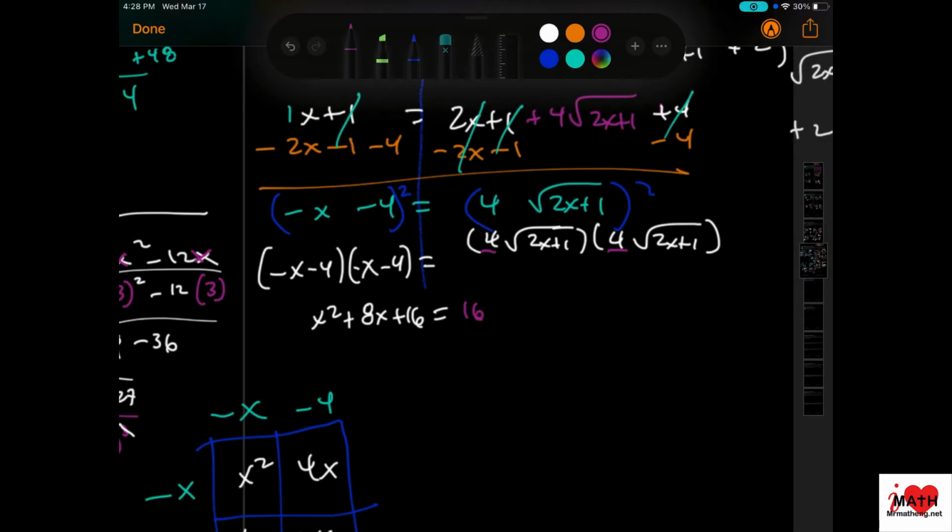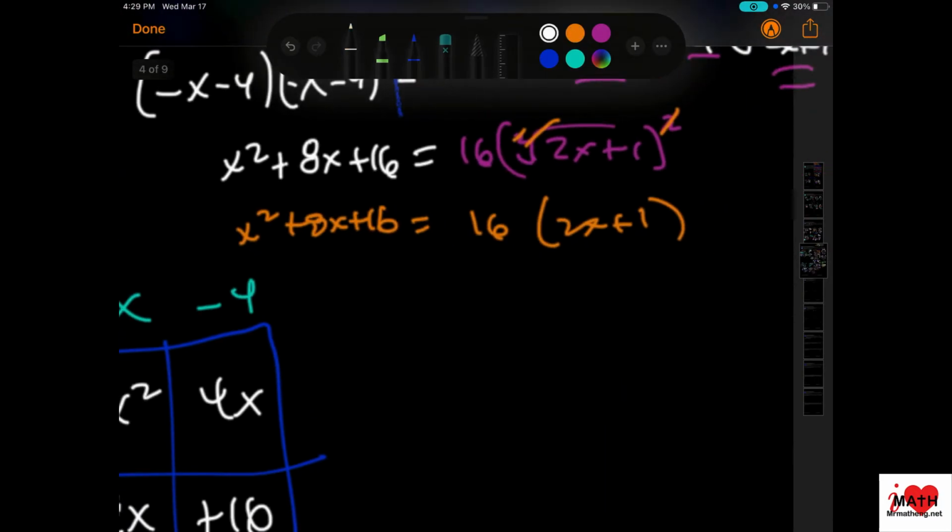And remember, if you have something like this, you have 2 of them, right? Remember this and that 2, they will cancel. So you're just left with 16 times 2x plus 1. So we can distribute. So 32x plus 16.